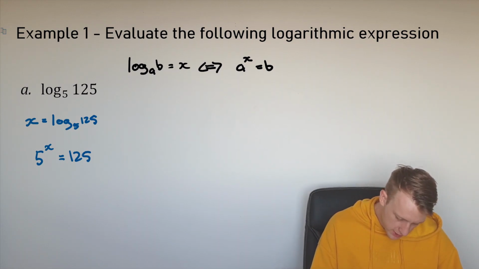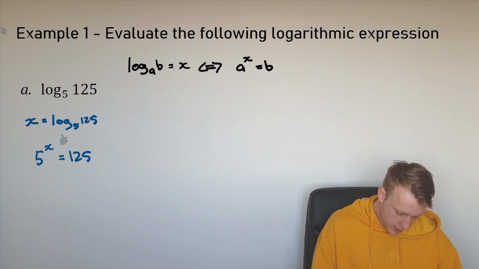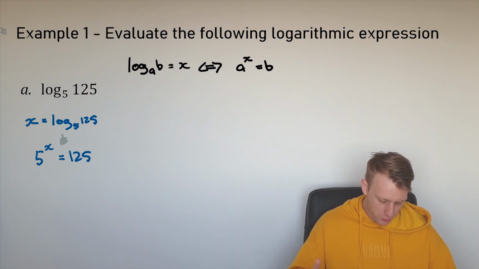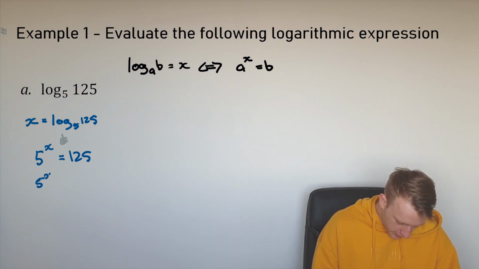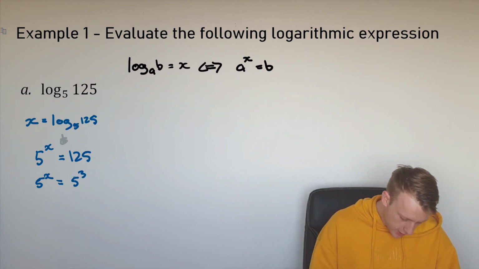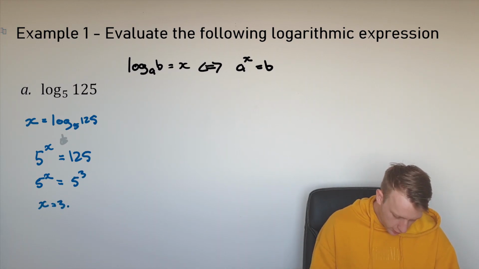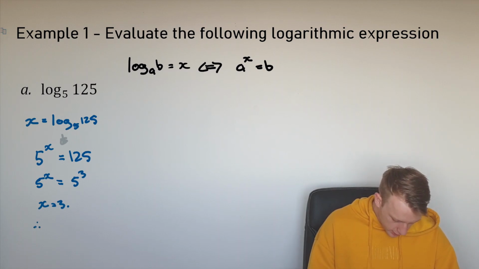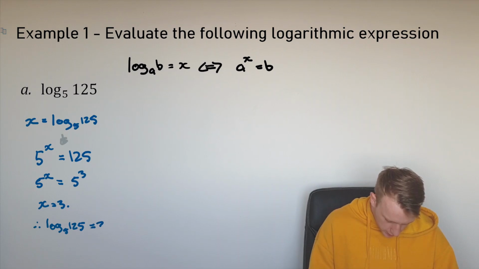Going from this step to this step is the equivalence statement. Once you're here, 5 to the power of x is equal to 5 to the power of 3, which is what 125 is. So then you say x equals 3. Therefore, log base 5 of 125 equals 3.